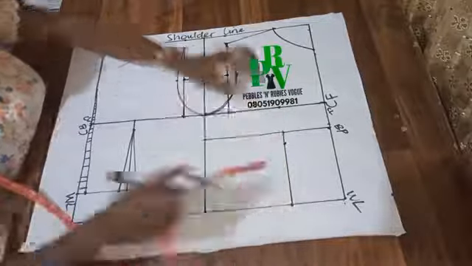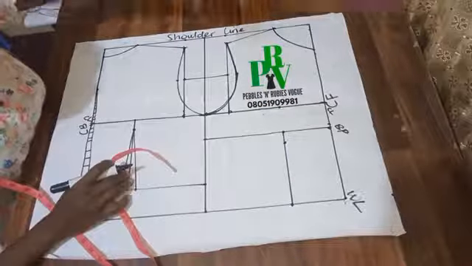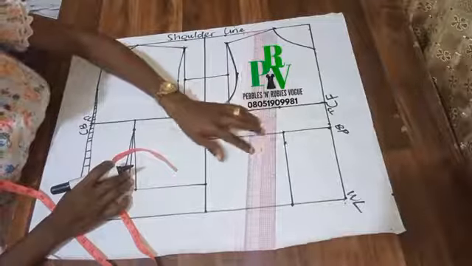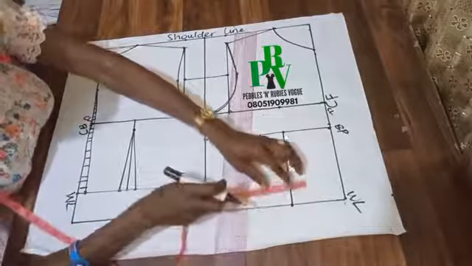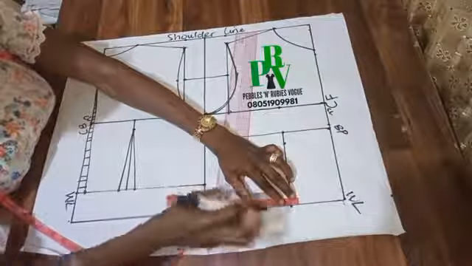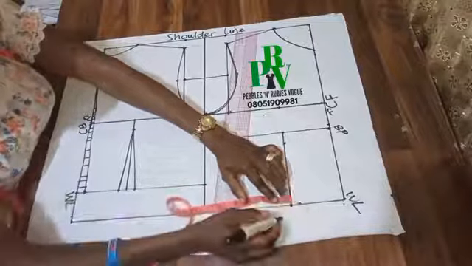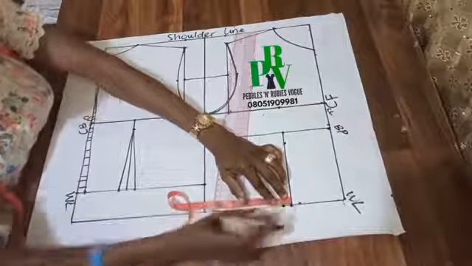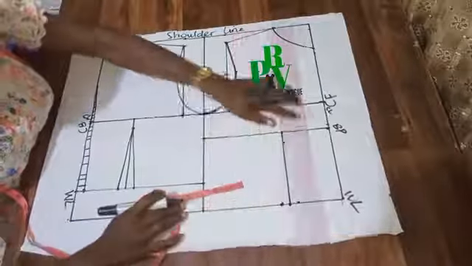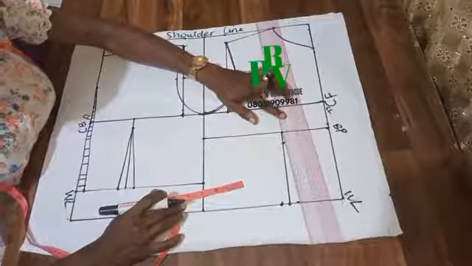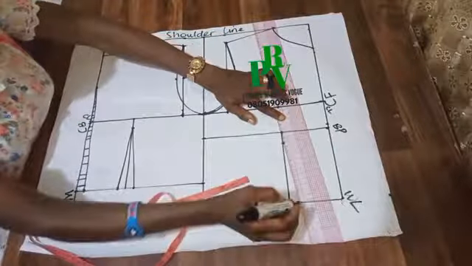Like so, and then mark 0.5 on both ends as well, 0.5 inch, 0.5 inch, and connect it to the 1 inch that we just measured down the bust point.